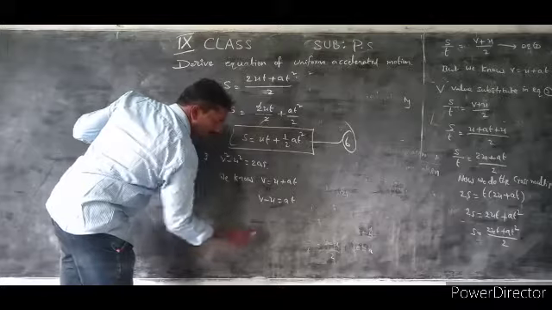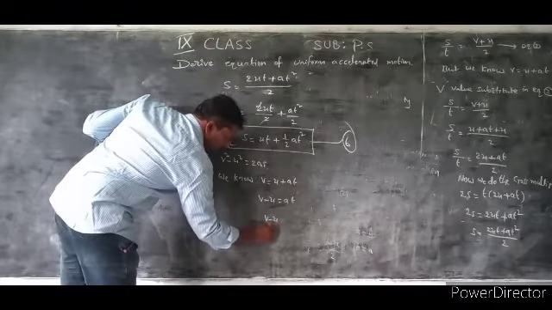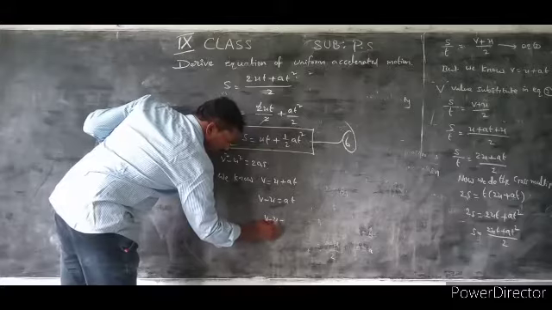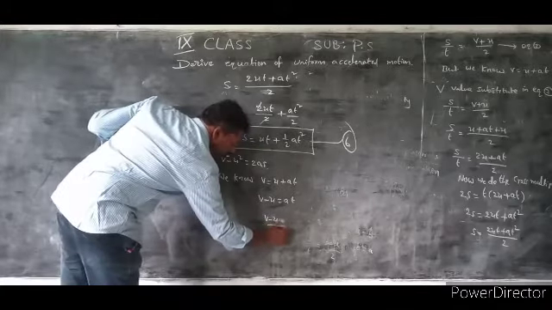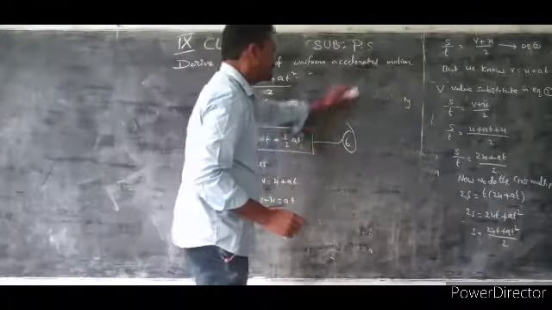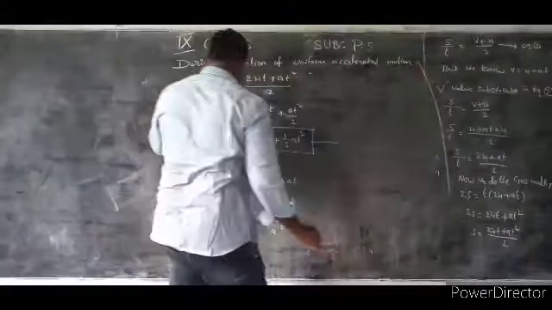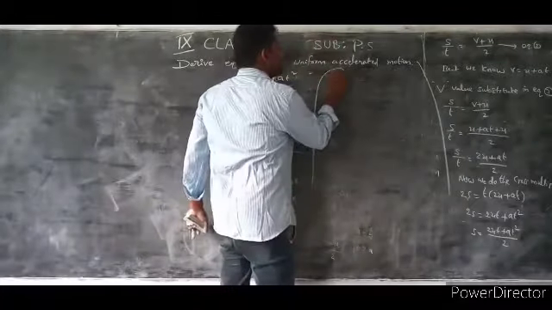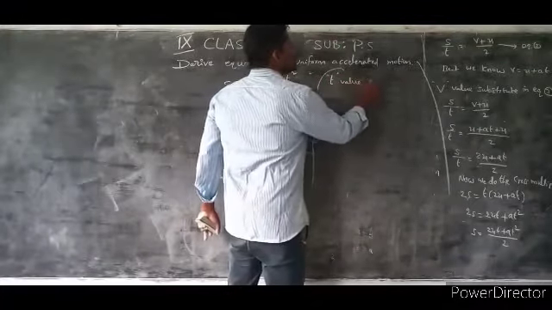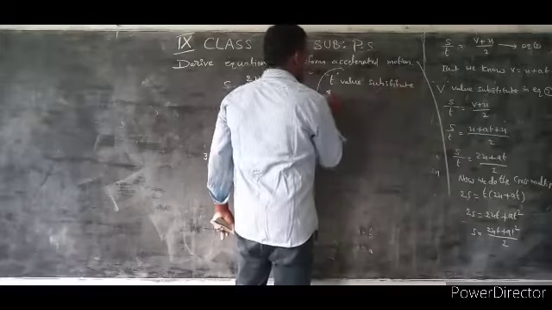I want only t, so v minus u by a is equal to t. Substitute the t value in equation 3.